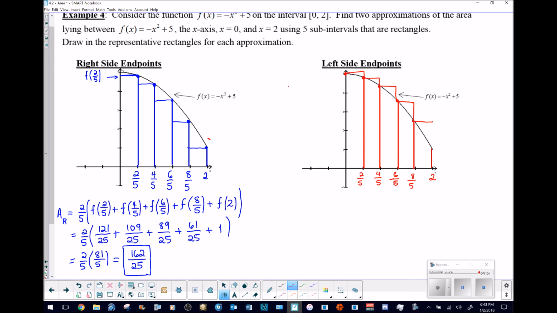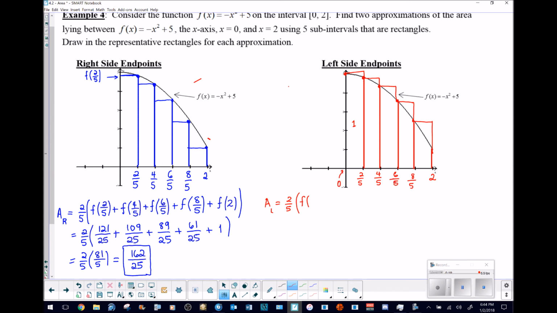And then when it comes time to fashion our area expression, I'm going to use a subscript of L for left endpoint. Again, we see that 2/5 is our width. But the change that we now have in front of us is that the left endpoint that we're going to use for our very first rectangle is going to incorporate the x value of 0, where we did not have that before for our right side endpoint approach.